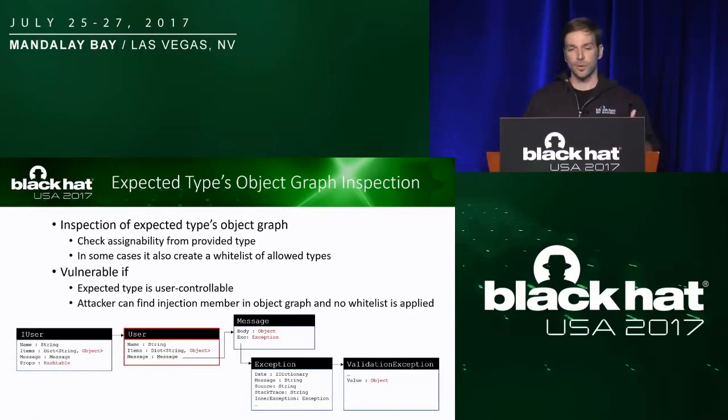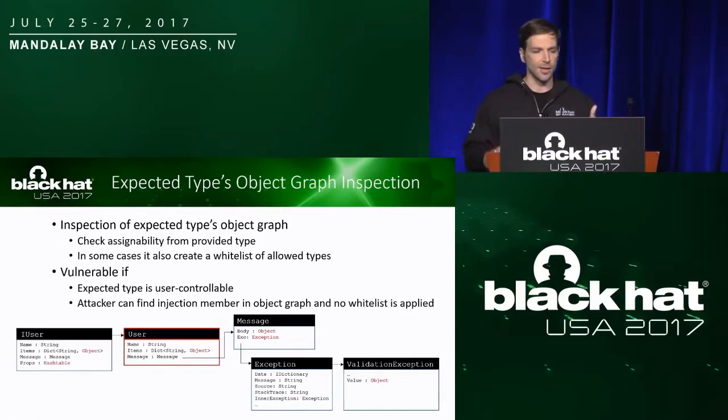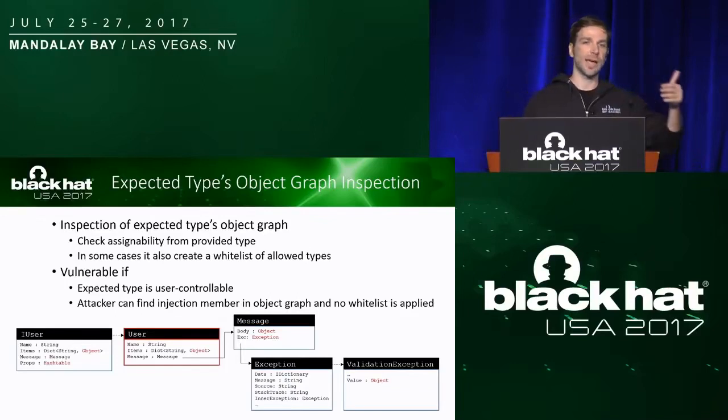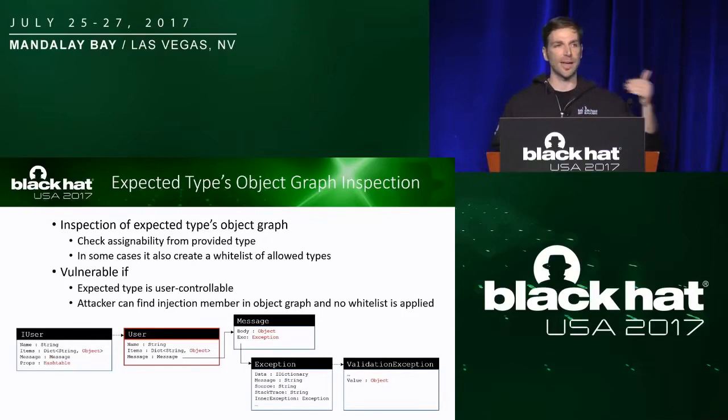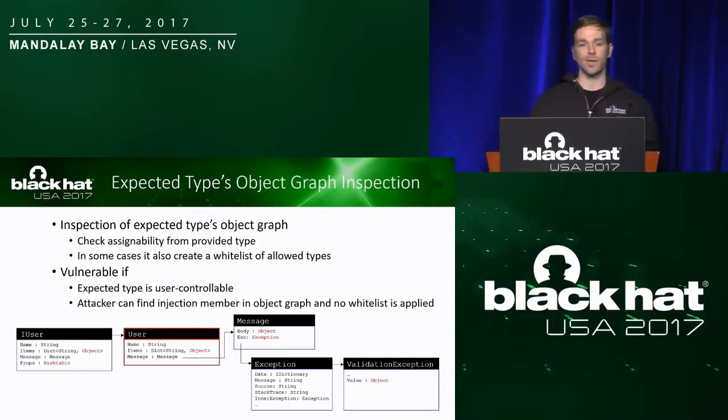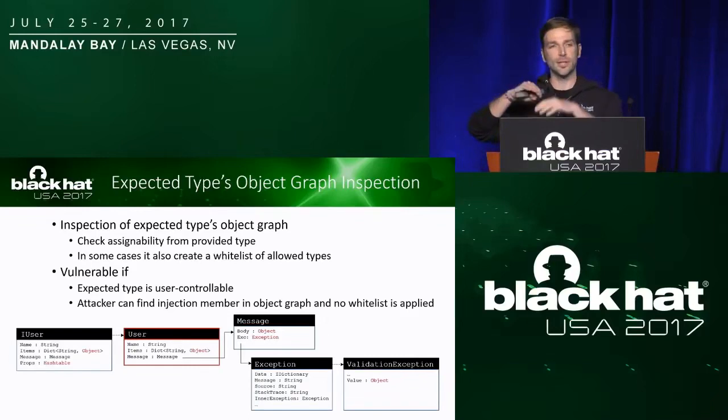Some other libraries, in addition to this assignability check, will also build a whitelist during construction time. So at runtime, when deserializing, they will apply this whitelist, and only those types that appear in the object graph at construction time will be allowed to be deserialized. We found that these libraries are still vulnerable if the attacker can control the expected type, which is more common than you may think, and we will see an example later, or if the attacker can find an entry point in this object graph.